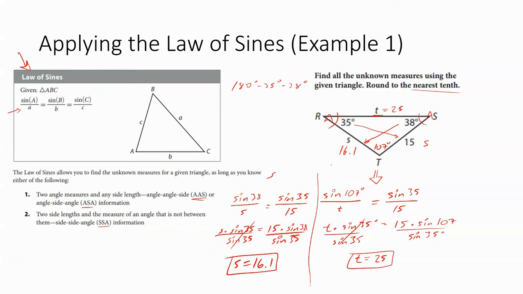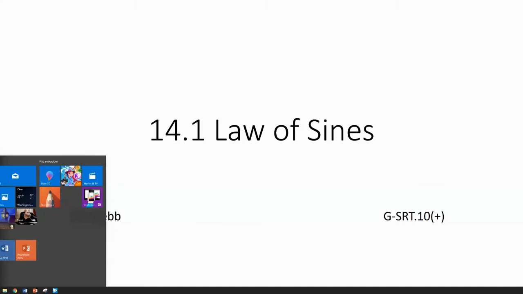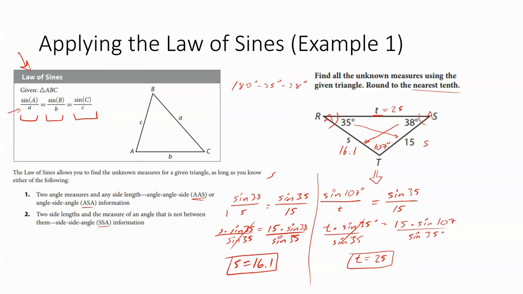So I know you're like, Mr. Webb, I see three things equaling each other, and you only have two. And that's legit because it's a good question. You only have two things equaling each other, and the law has three.